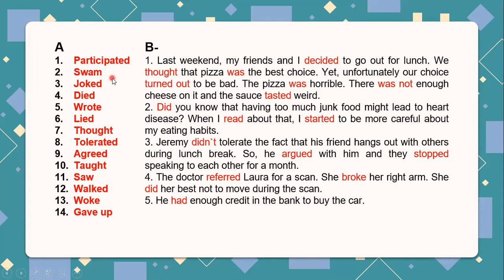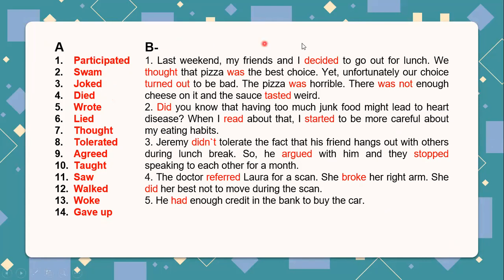Swim became swam, so I only changed the vowel letter, but here it's an irregular verb because I did not follow the regular rule of adding D or ED. Joke, joked, die, died, write, wrote, lie, lied, think, thought, tolerate, tolerated, agree, agreed, teach, taught, see, saw, walk, walked, and so on.